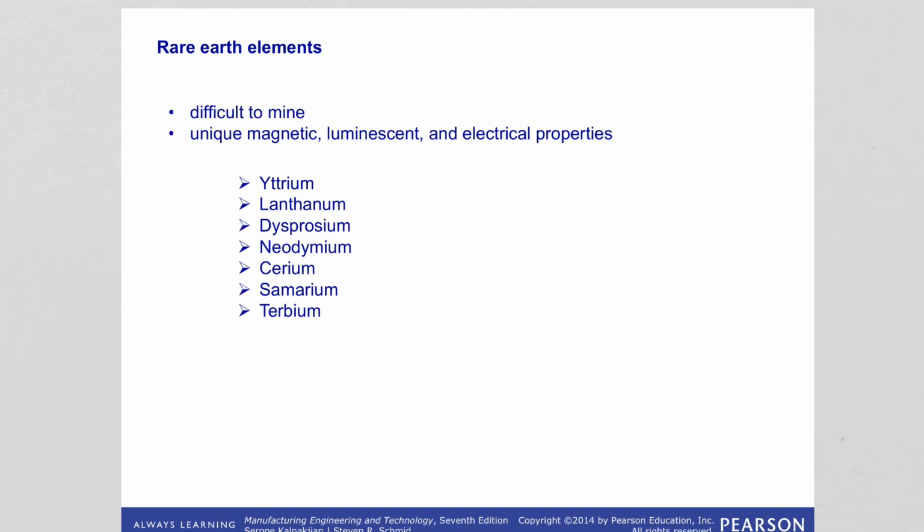Terbium is used in electronic devices and sensors. It has the highest magnetostriction of any alloy. Remember, magnetostriction is where you apply force and the material generates a magnetic field, or when you apply a magnetic field it generates a force. Okay, so of course there are other rare earth elements. These are the important ones.